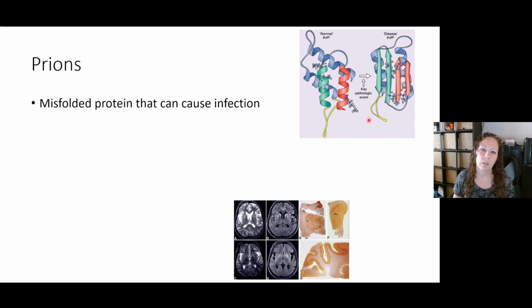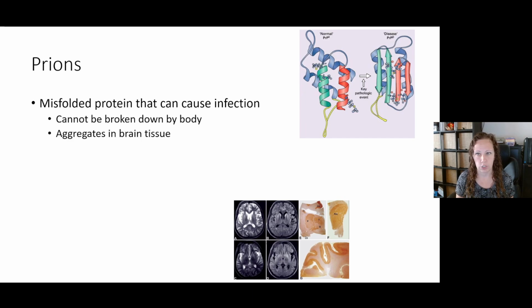So in this little image here, this is the correctly folded protein, and then something has happened, and it can happen actually naturally, but something has happened and it becomes misfolded and doesn't look the same anymore. Okay, and this protein cannot be broken down by the body. Okay, whether you consume it or it's already in your brain, and it aggregates in the brain tissue.